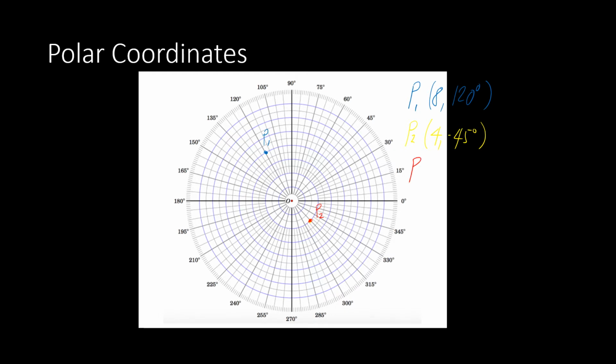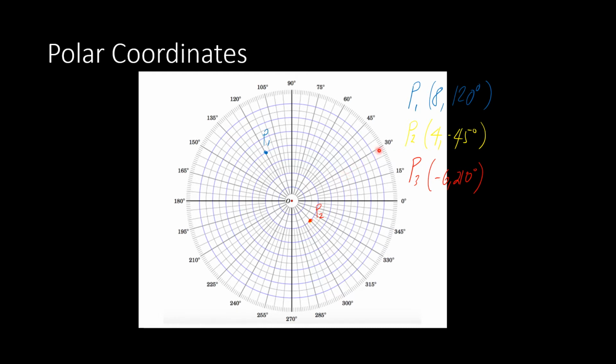We go to the next one, P sub 3, say (-6, 210 degrees). We can start with the angle +210. But since our R is negative, it must be at the opposite side.